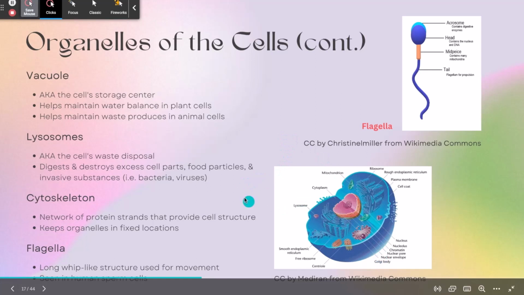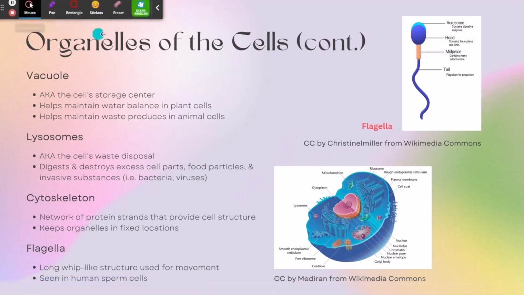There in the bottom picture here, there isn't any vacuole, but it is known as the cell's storage center, and this is where in plant cells it helps maintain water balance, while in animal cells it helps maintain waste products. And that's a typo there. Sorry, I meant to put products instead of produce.